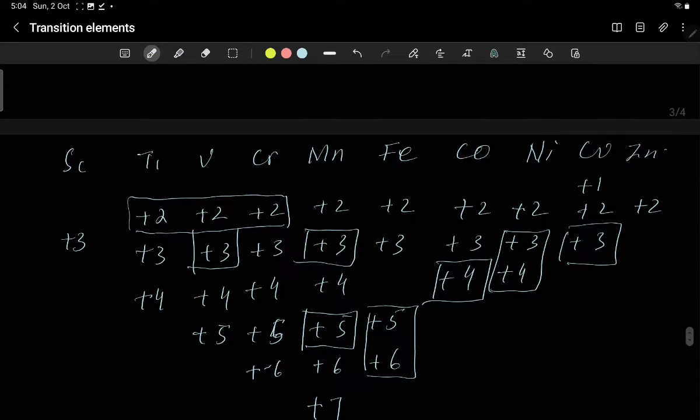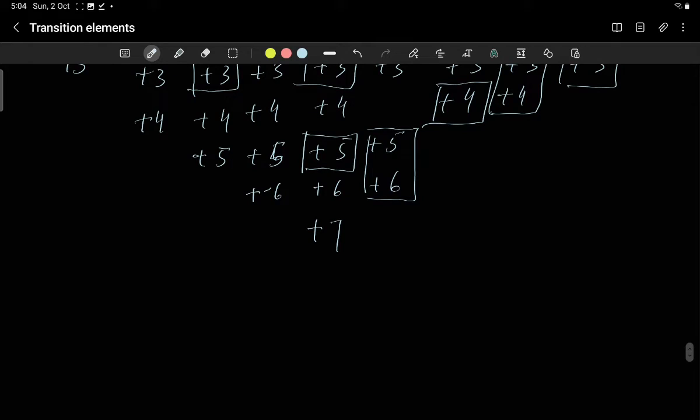So all transition elements except scandium show plus 2 oxidation state. These are the main points, please note down.